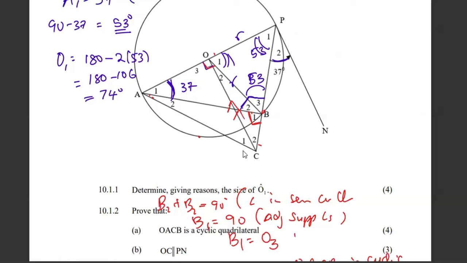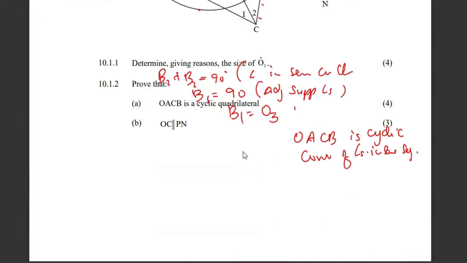And then they want us to prove that OC is parallel to PN. So when you're dealing with parallel lines, you just have to use co-interior, corresponding, alternate, and all those things. So the best will be the corresponding. I know that OPN is going to be a 90.